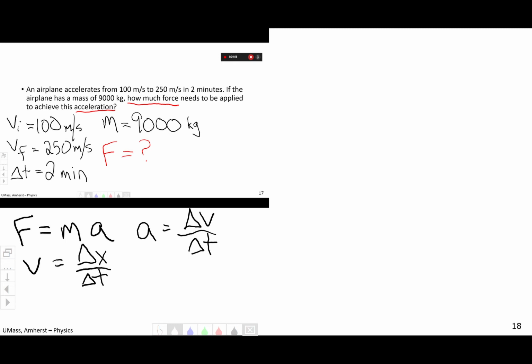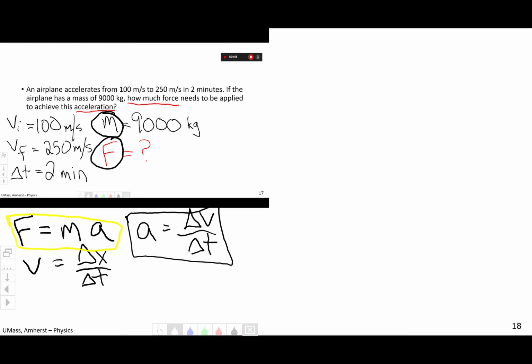So if we want force, the only thing that we can see that has force is F equals ma. Okay, so if F equals ma, we have mass, we want force, but what we don't have is acceleration. We do have a formula for acceleration though.